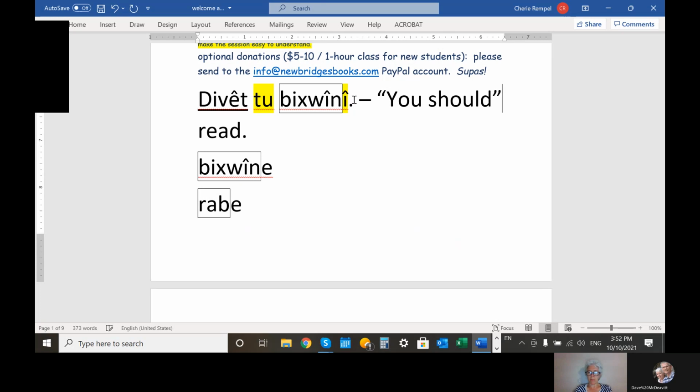It's in quotation marks because it literally means I want you to read, or you want to read, or they want you to read. But dvit, it's just the short form.